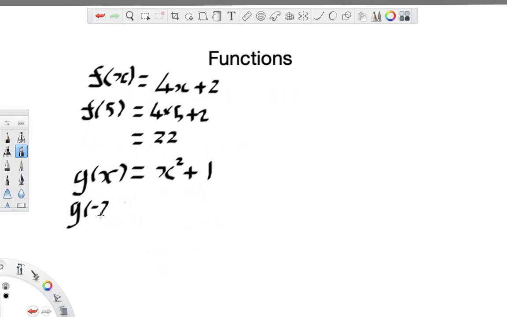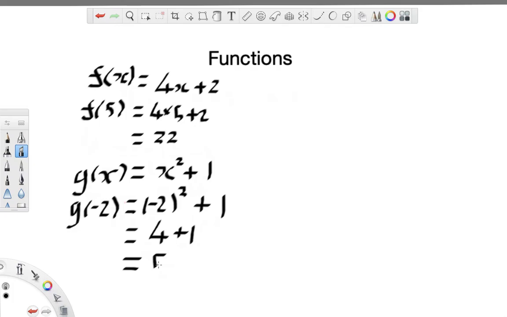Well, we'd say, well, that's easy. We just substitute minus 2 into our equation. So we would then get minus 2. I'm just going to put this in brackets just to make it clear what we're doing. We're squaring that, and we're adding 1 to that. So minus 2 squared, well, minus times a minus is a positive, so that's 4, and it'd be 4 plus 1, and 4 plus 1 is, of course, 5.